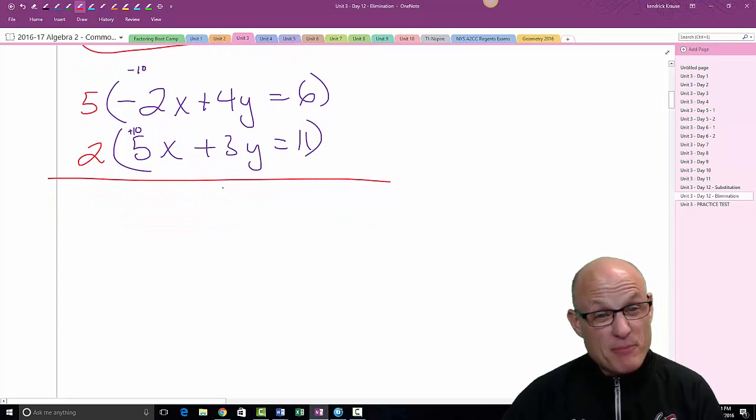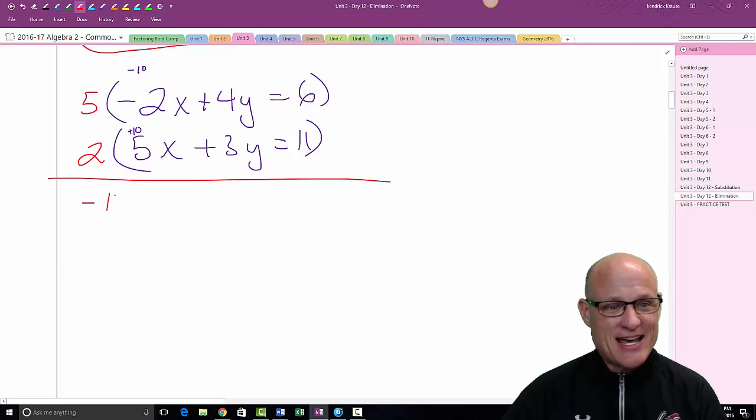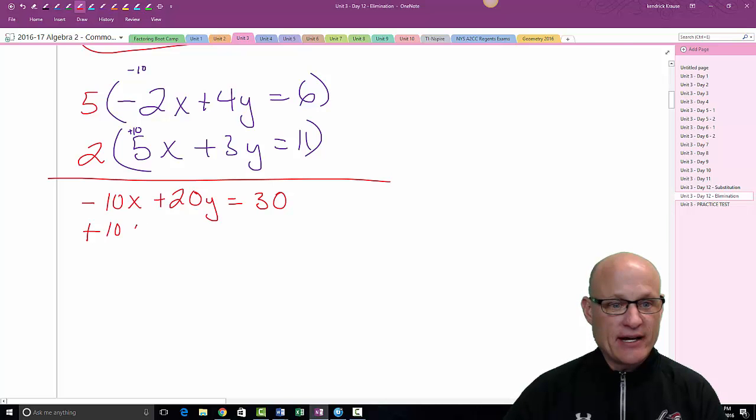Now, don't forget, you got to multiply both sides. So we got -10x plus 20y equals 30. And then we're going to get positive 10x plus 6y equals 22.